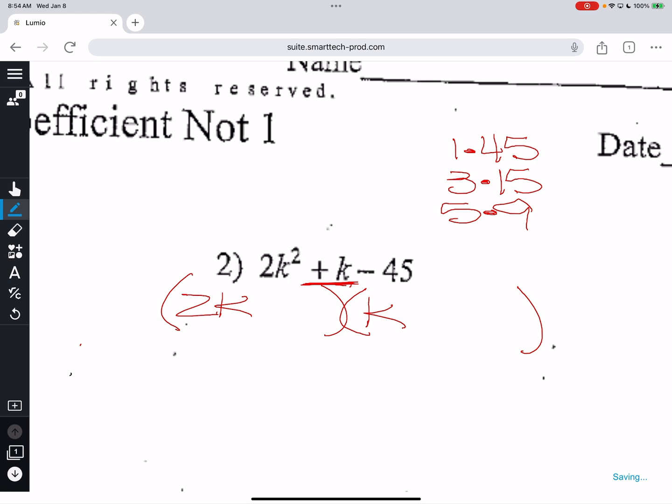Let you work it. Tell me when you get it. 45 is going to be a big one. I wouldn't even attempt it, because you're trying to get two numbers that are side by side, so when you subtract, you get 1.